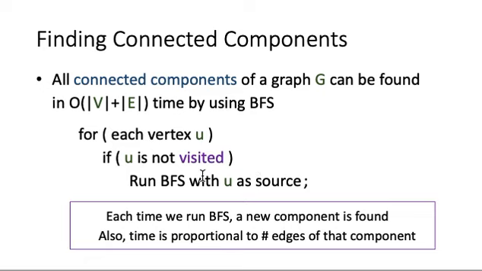In that case, we can find all the connected components with this method, and the total time will be proportional to the number of edges of the connected components that we are seeing. So the total time is still bounded by order of v plus e.